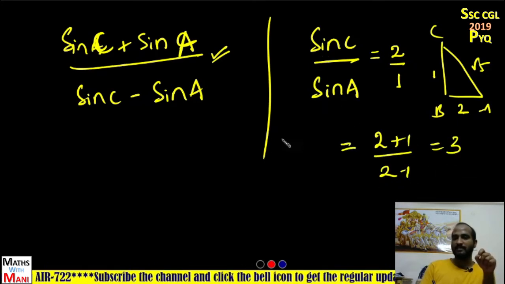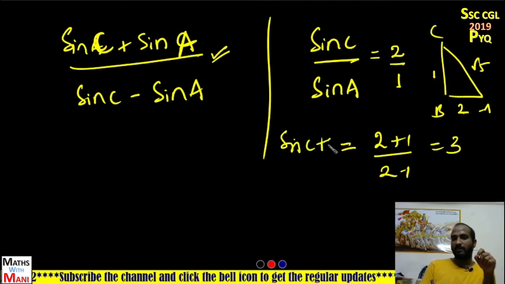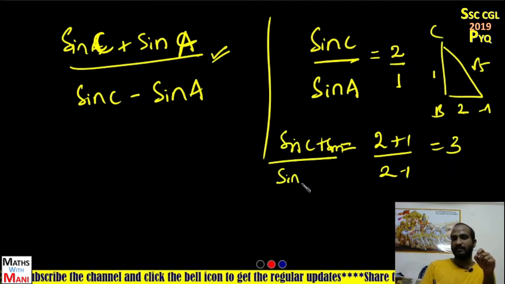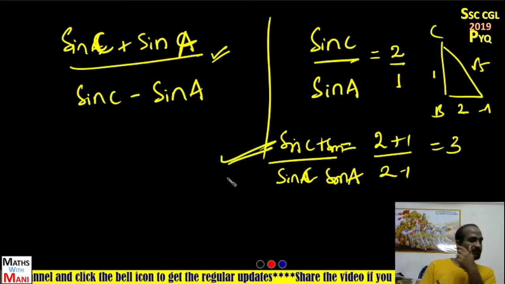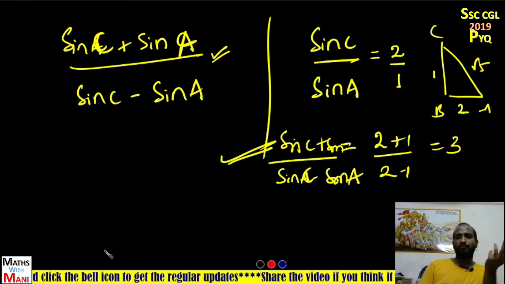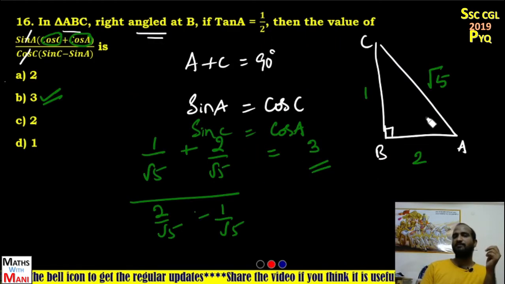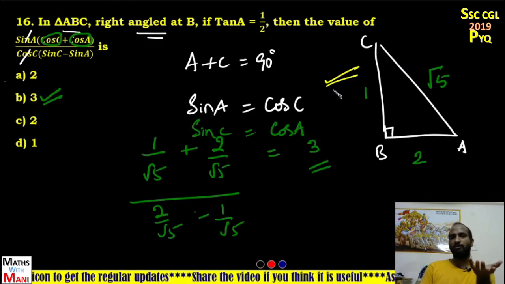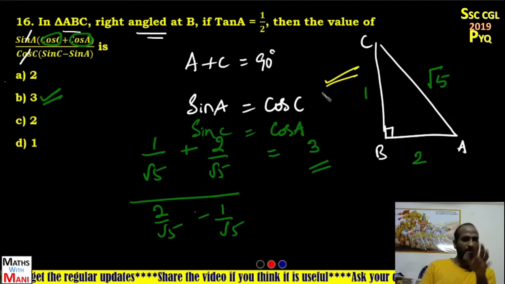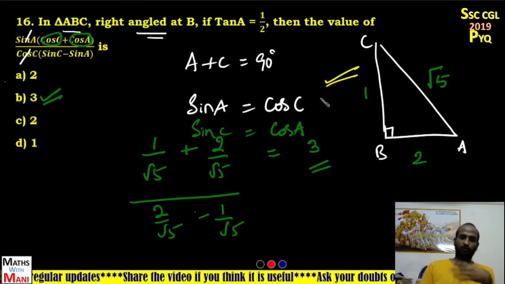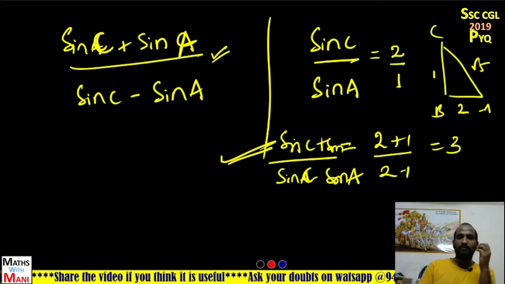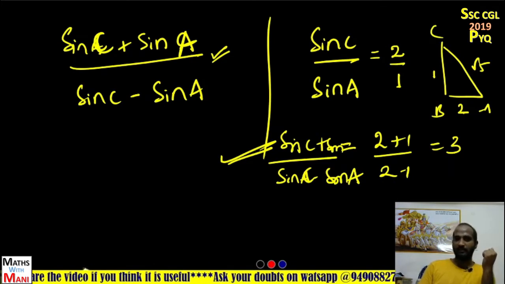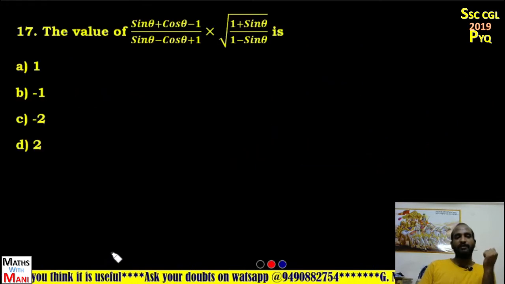So sin C plus sin A by sin C minus sin A is equal to 3. This is also one method, but most of the aspirants follow the first method because it is not that complex. It is also easier. So follow this method or that method, both take the same time. Clear? Next one. See the 17th one.